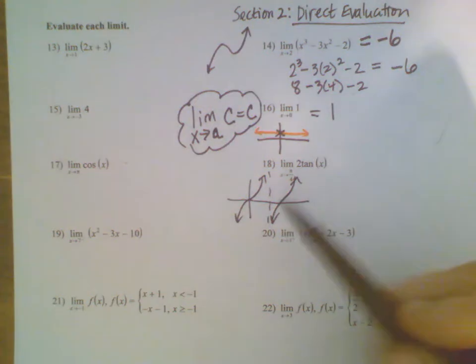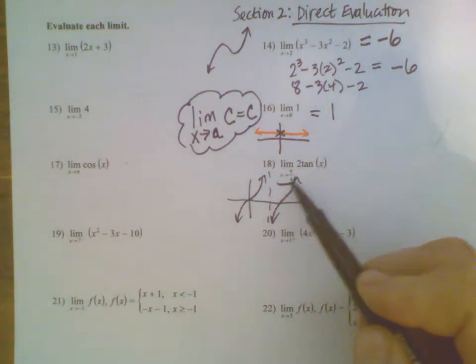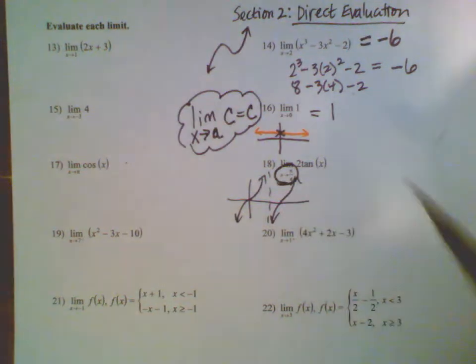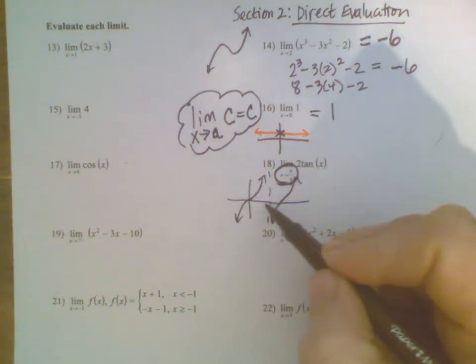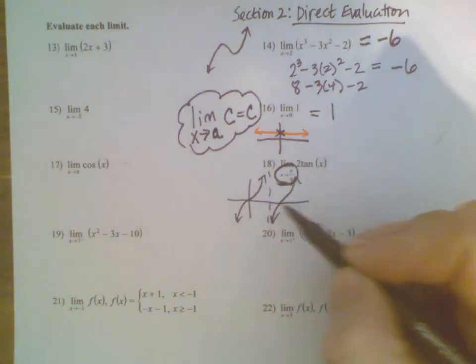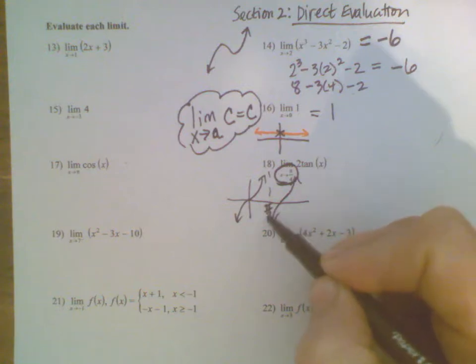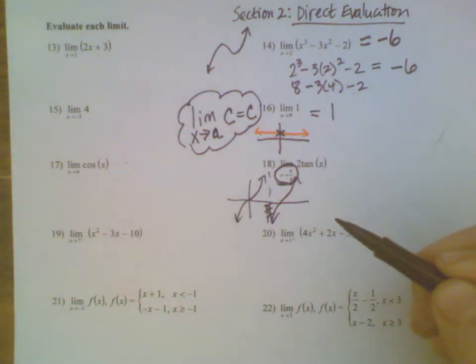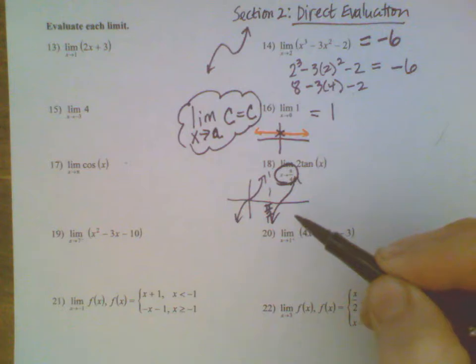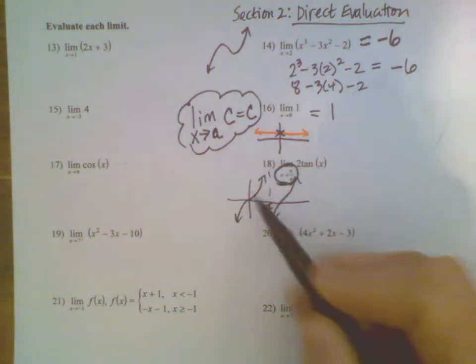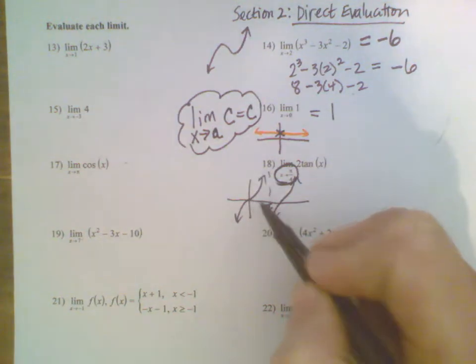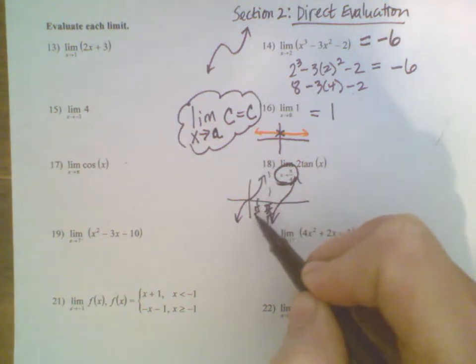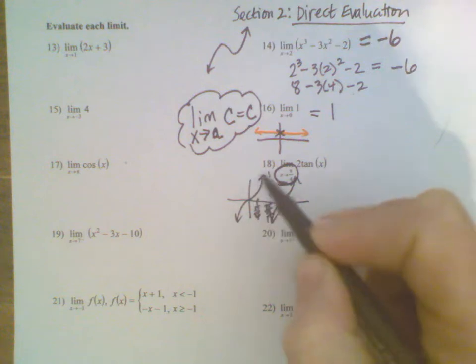But the limit is taking place at pi over 4. That's where I'm evaluating it as x approaches pi over 4. Well, the first asymptote is at pi over 2. If you look back at your notes from graphing trig functions, that first asymptote on the parent function is at pi over 2. And so at pi over 4 right here, the graph is continuous.